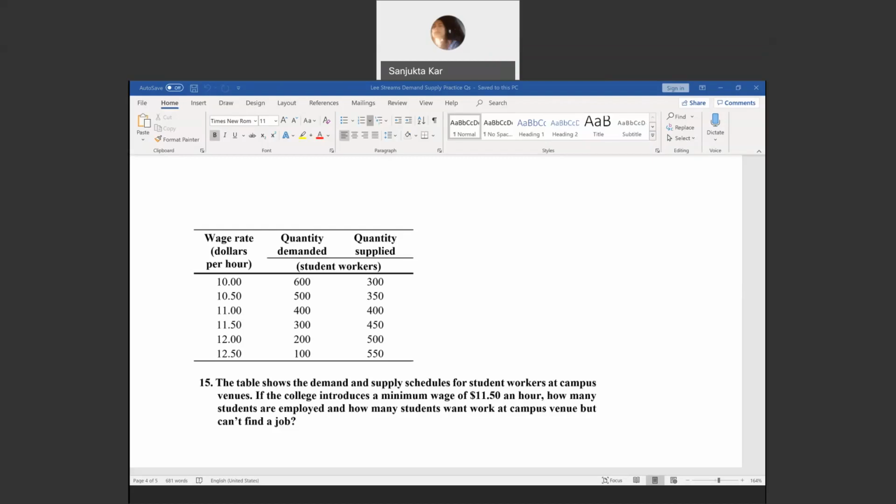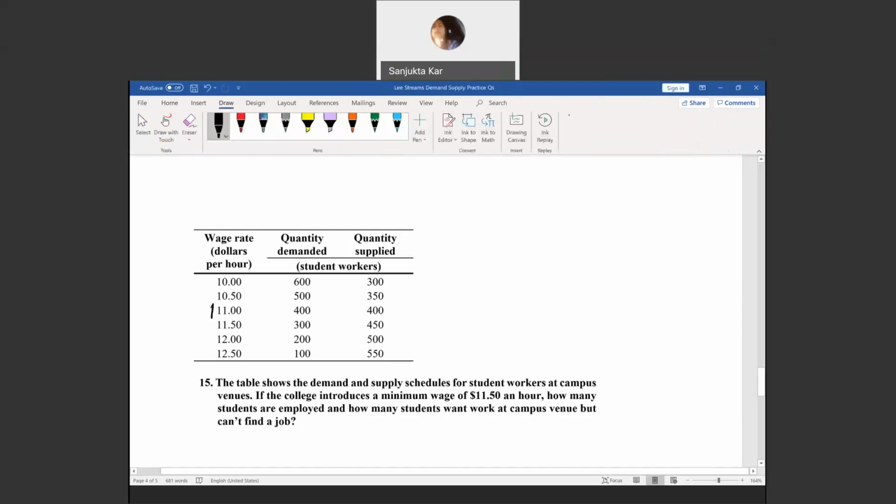So here we have a question, and it looks like the equilibrium price is $11 and equilibrium quantity is 400 because quantity demanded equals quantity supplied at 400.